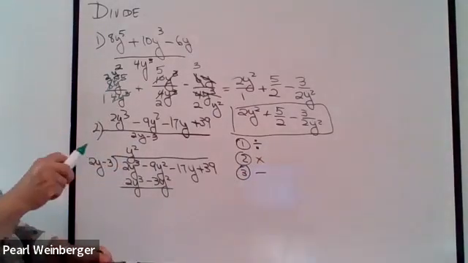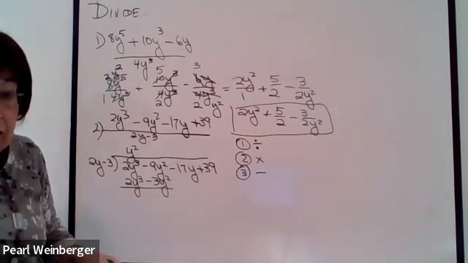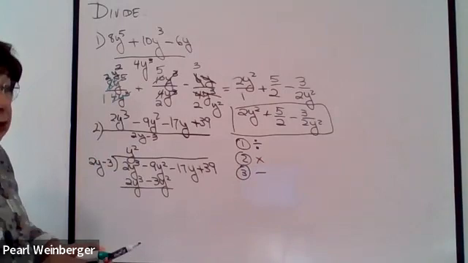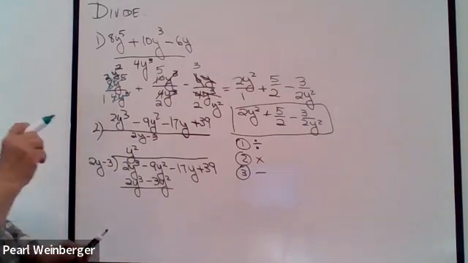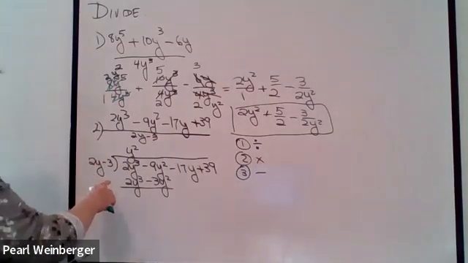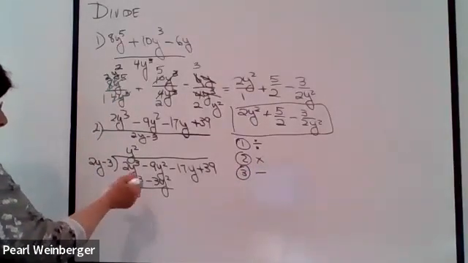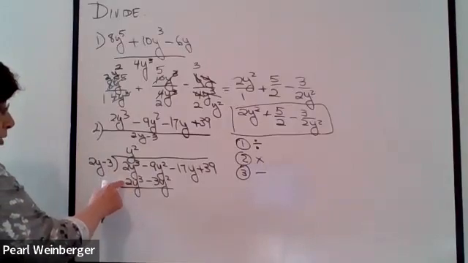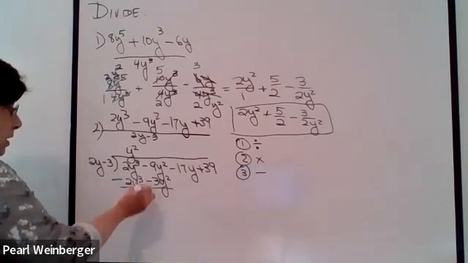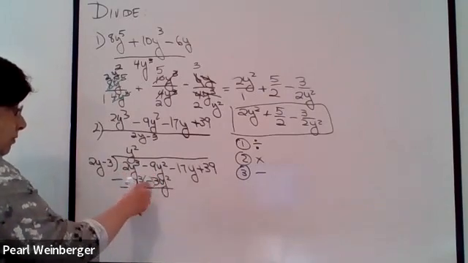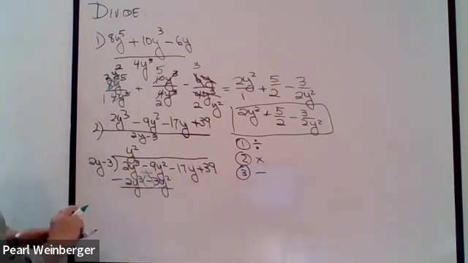Now, since this is subtraction with variables, this is algebraic subtraction, we're going to do it the way we do subtraction in algebra, where we change the sign of the second number and then we add. So this 2y cubed is a positive, we're going to make that a negative. And this -3y squared is obviously negative, so I'm going to make that a positive.